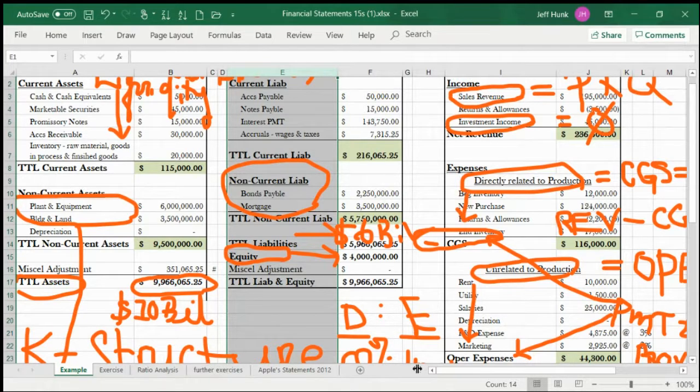Another explanation for equity being on the liability side is that equity is what the company owes to the owners.